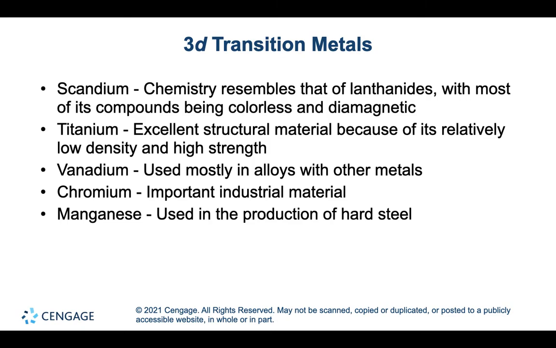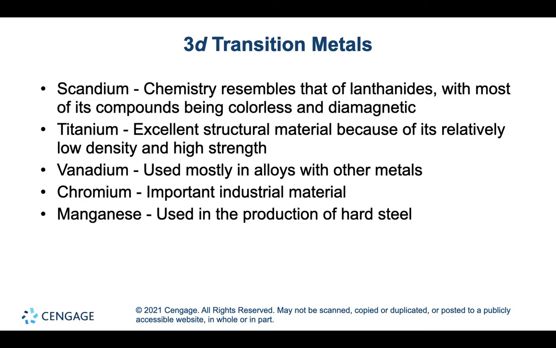Titanium. Titanium atoms in the solid form are excellent structural materials. They have low density but high strength, so kind of like aluminum. In fact, titanium and aluminum alloys are used in airplanes because of their low density and high strength. They're light and strong.